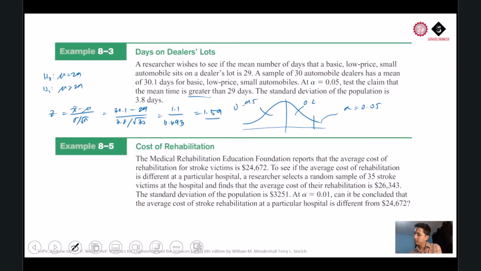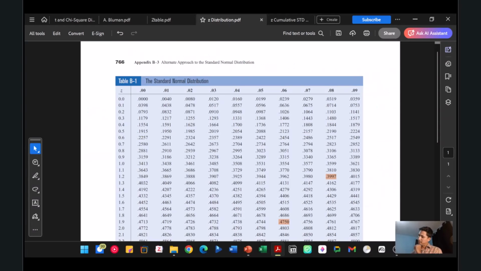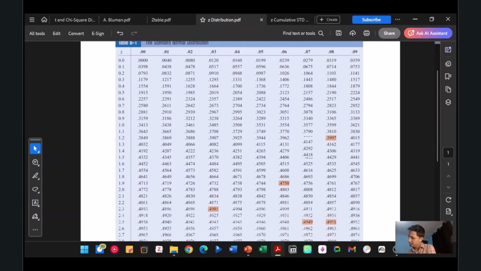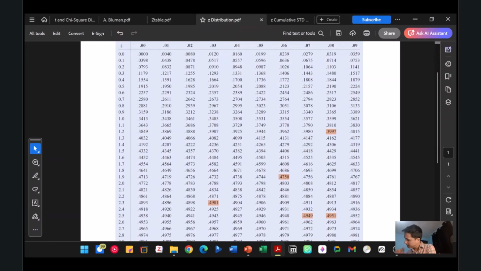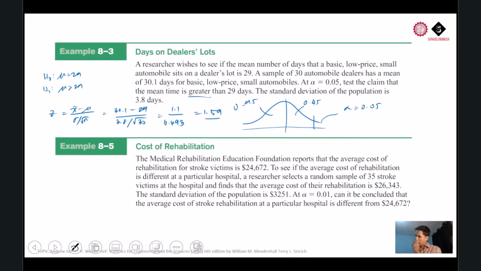Therefore, this is 0.45, correct? So let's use some tables. Where's the 0.45? Here's the 0.45. That is 2.57.